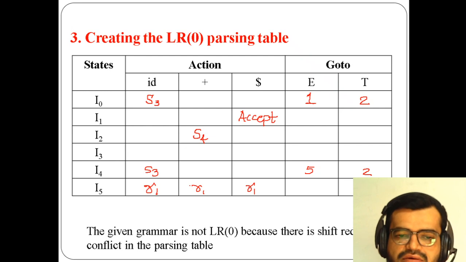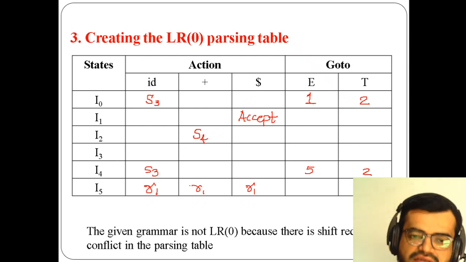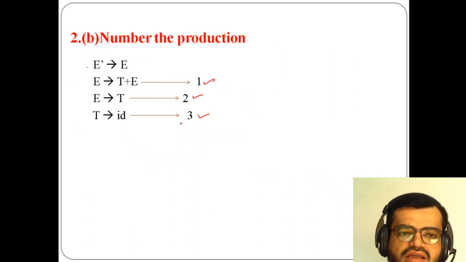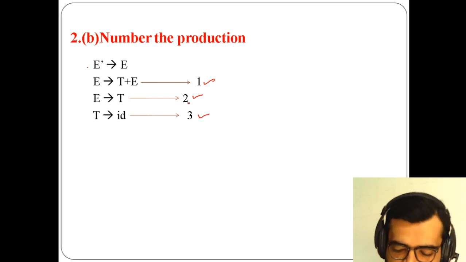Okay, now what is the other final state? This is my other final state. What is that? E of T dot. Okay, this is my final, because it is used for reduce. E of T dot means what is the number of production? Second.